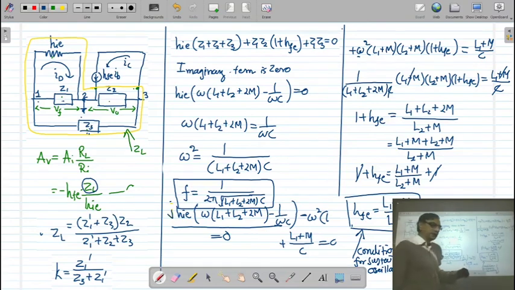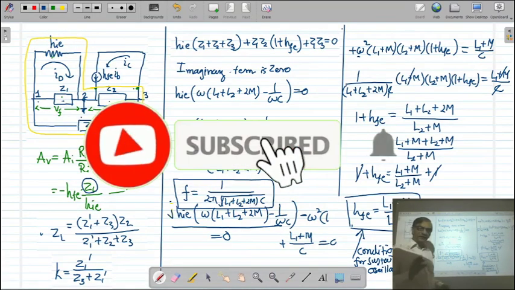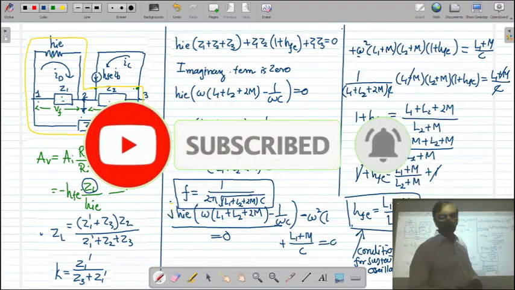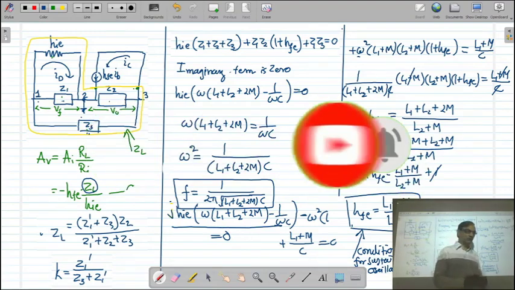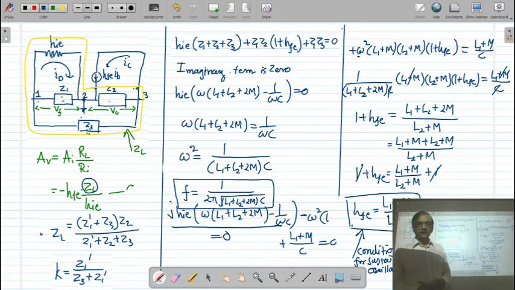It means when you are designing, you have to take the ratio of L1 by L2 in such a way that it should be equal to h_fe or greater than h_fe, then only sustained oscillation will be there, otherwise it will generate a damped oscillation. Correct? So this is about the Hartley oscillator. In the next session, we will see the Colpitts oscillator, and for the Colpitts oscillator, we will obtain the frequency of oscillation and the condition for sustained oscillation.